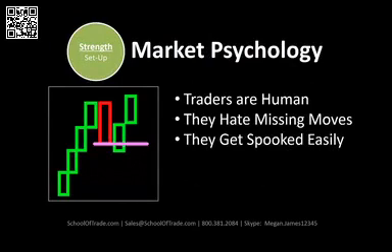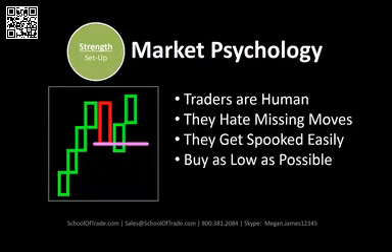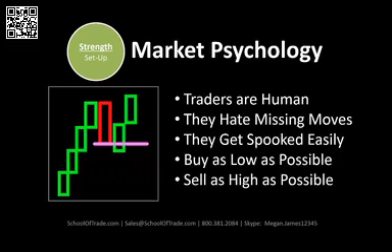And oftentimes, they don't even wait for their stop loss to be triggered. They just hit the exit button and get out while they still can. And just like any human being, traders want to buy at the lowest possible price and they want to sell at the highest possible price. Remember, we're all human. We hate missing opportunities that could have made us money.